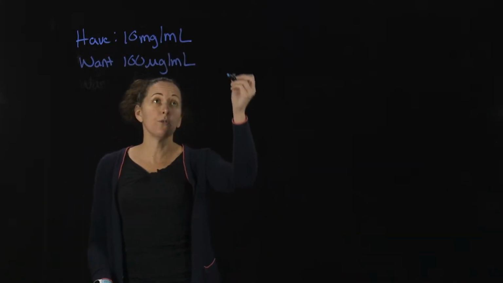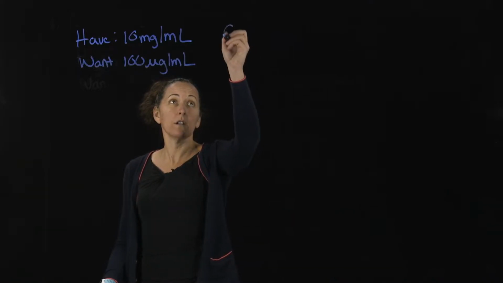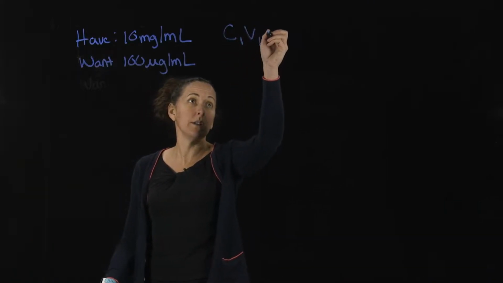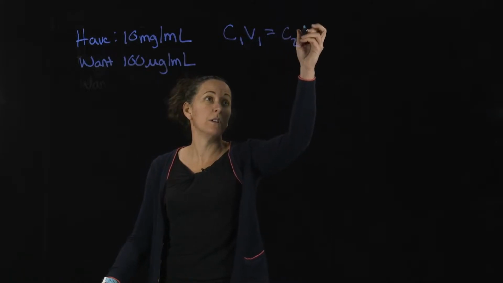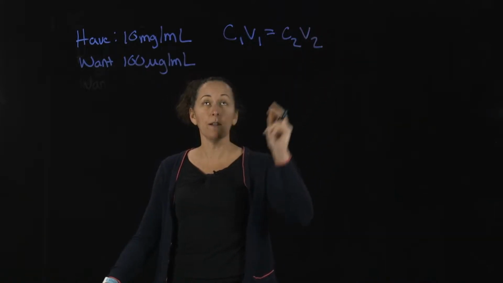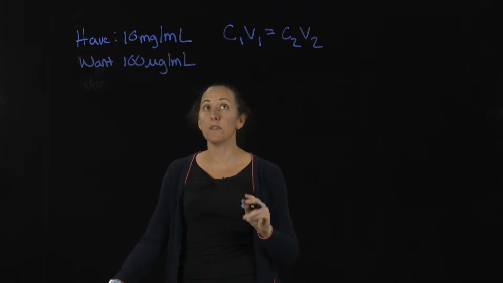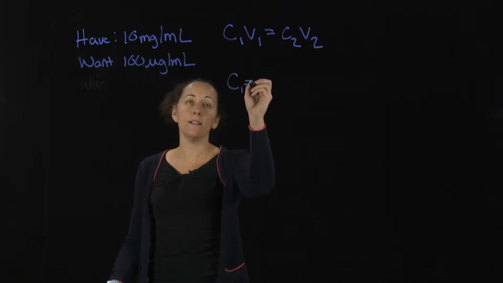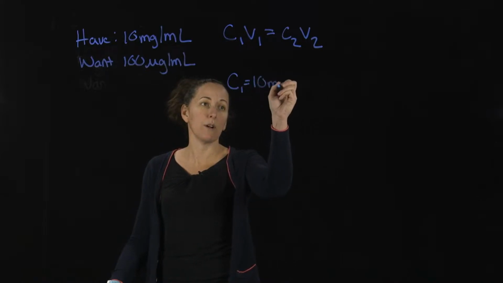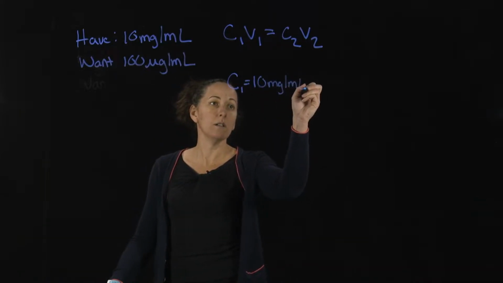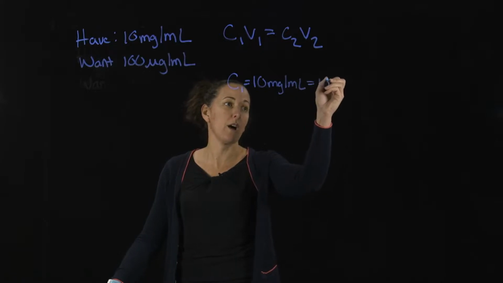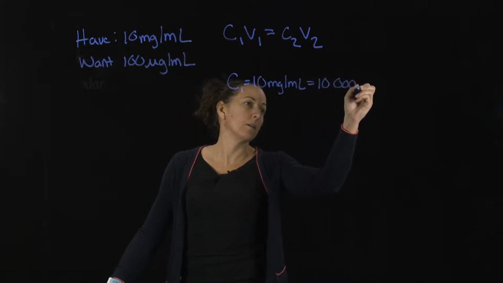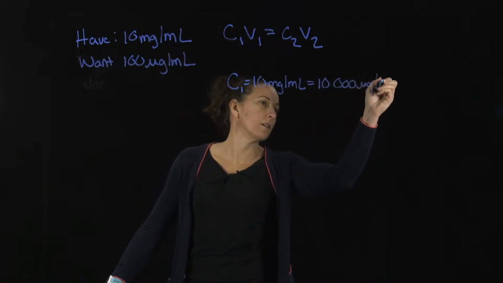We are going to use the formula that you should have learned before called C1 V1 equals C2 V2. Okay, so we can start filling in some of these values now. So our C1, we know it is 10 milligrams per mil, or 10,000 micrograms per mil.